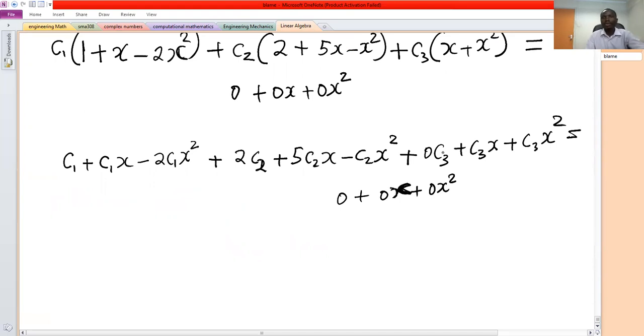I've written it as 0 times C3 so that all the polynomials are expressed in the standard form a plus bx plus cx squared.